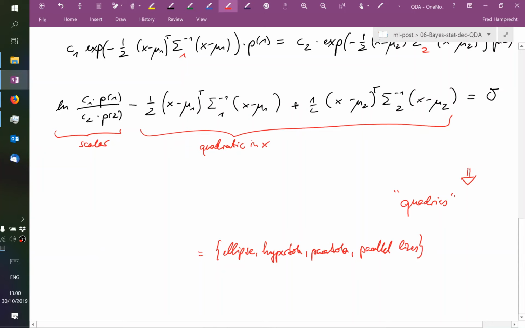And so what we find is that the decision boundaries of quadratic discriminant analysis are always quadrics.